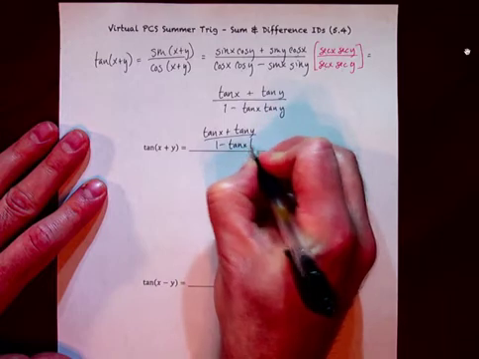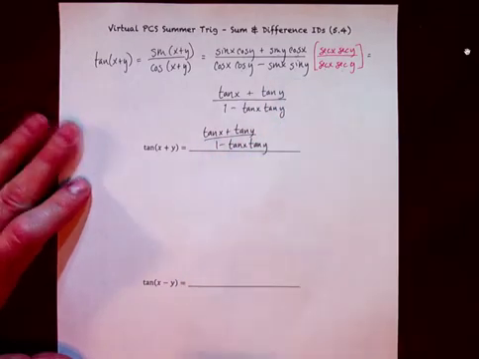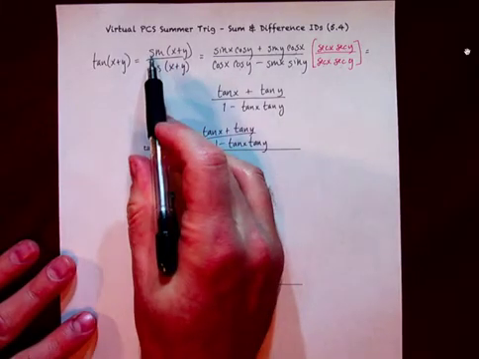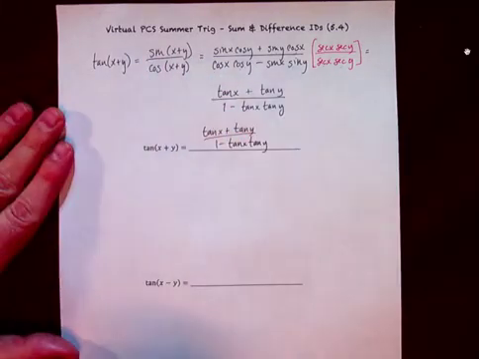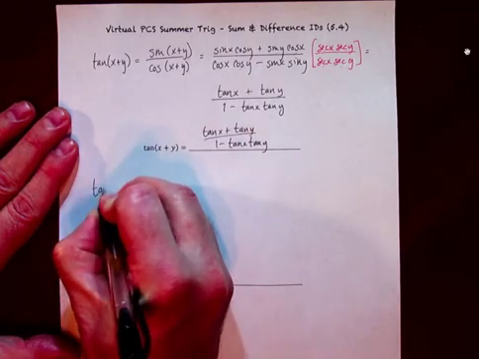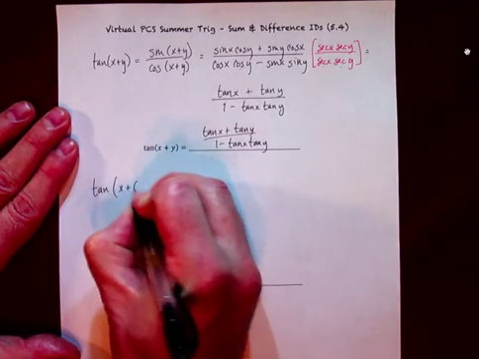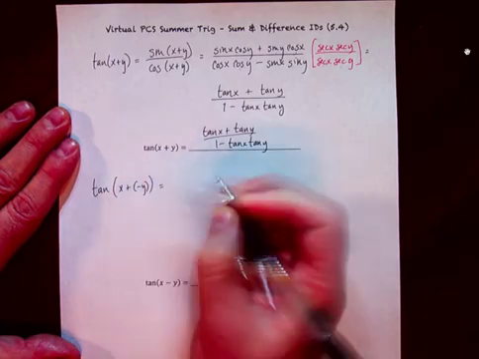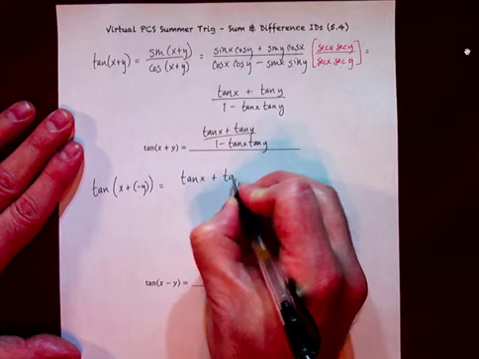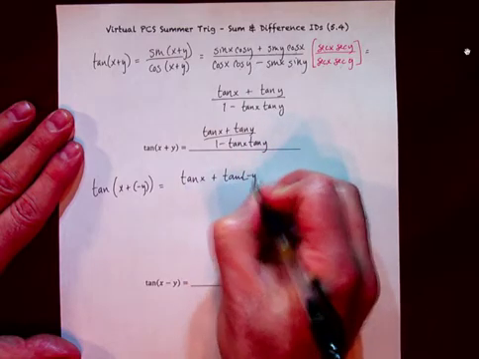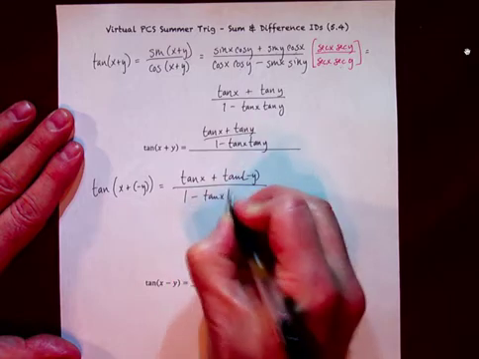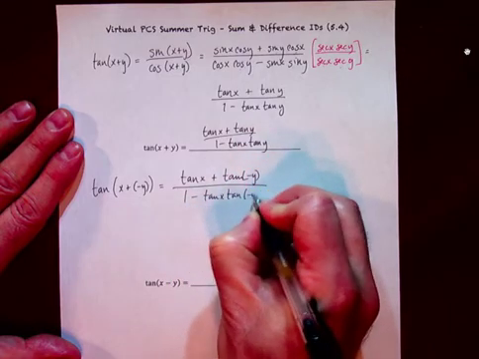Now, when we get down here to tangent of x minus y, I could use the sine of x minus y and cosine of x minus y, but I'm not going to. Instead, I'm going to say that's tangent of x plus a negative y, and that's simply going to be tangent x plus tangent of negative y, over 1 minus tangent x times tangent of negative y.